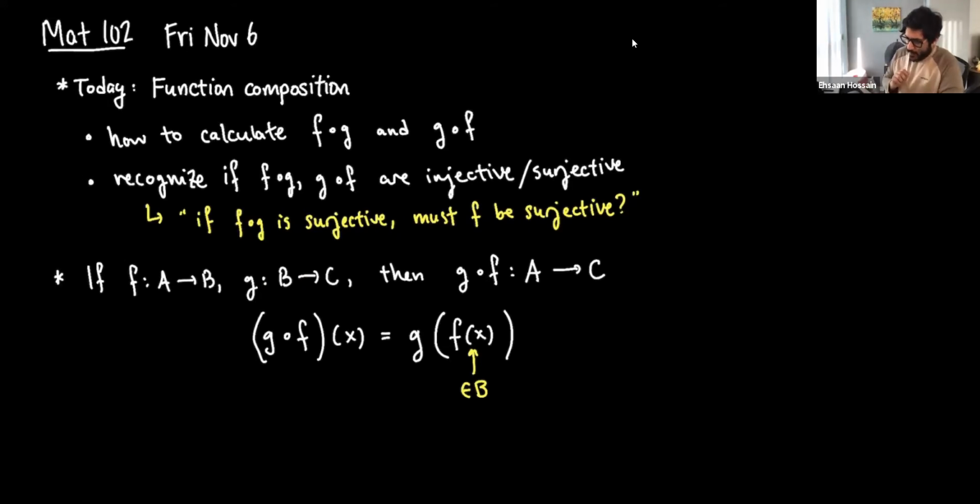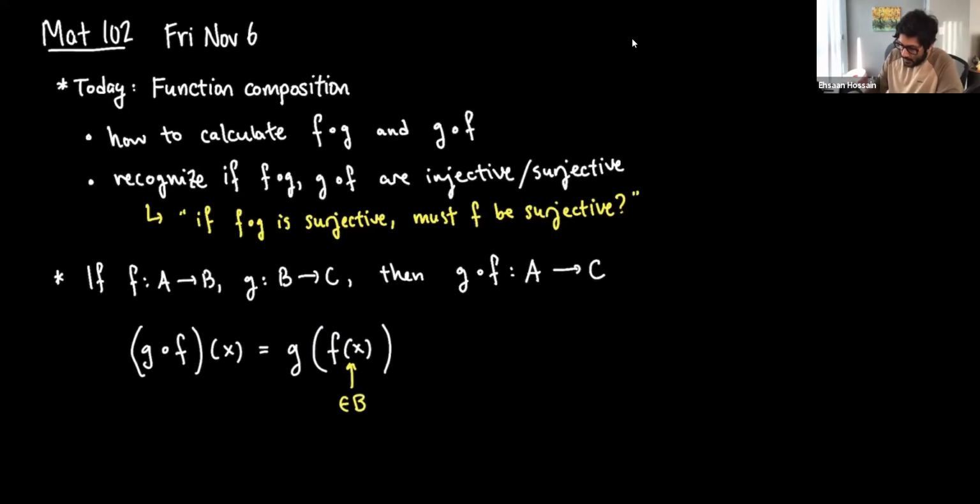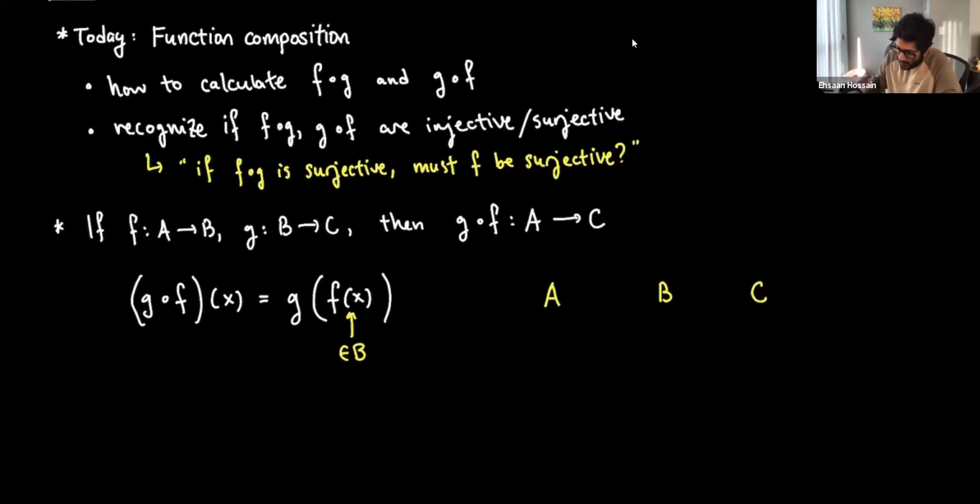If I had to draw a small picture of this, I would draw it like this. You have A, then you have B, and you have C. So x would go to F(x). That's what F does. And G sends y to G(y).